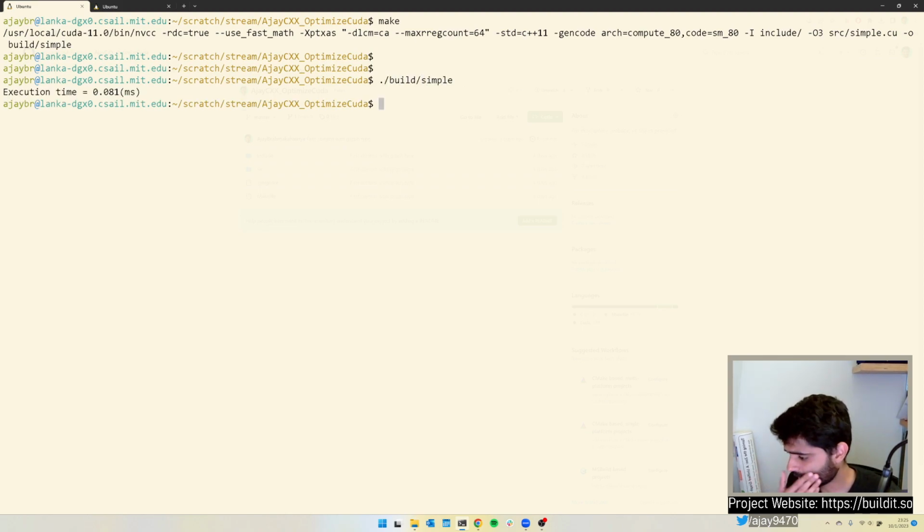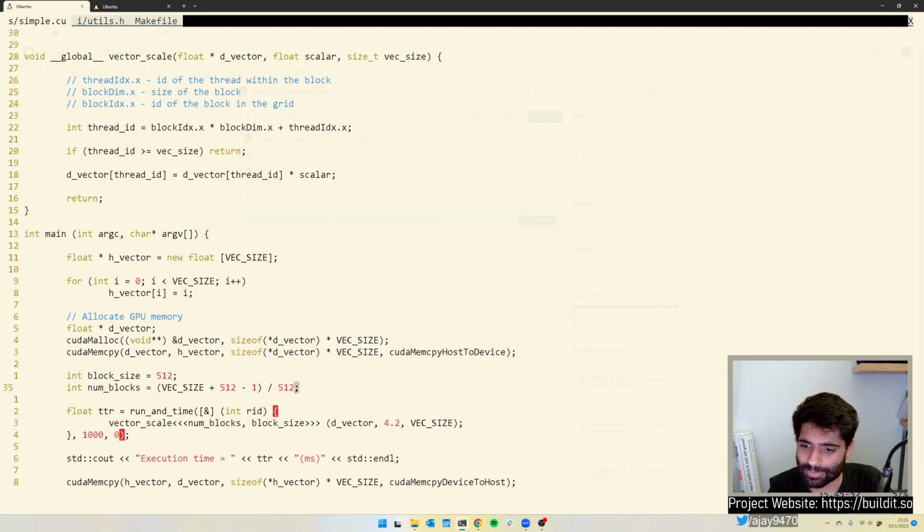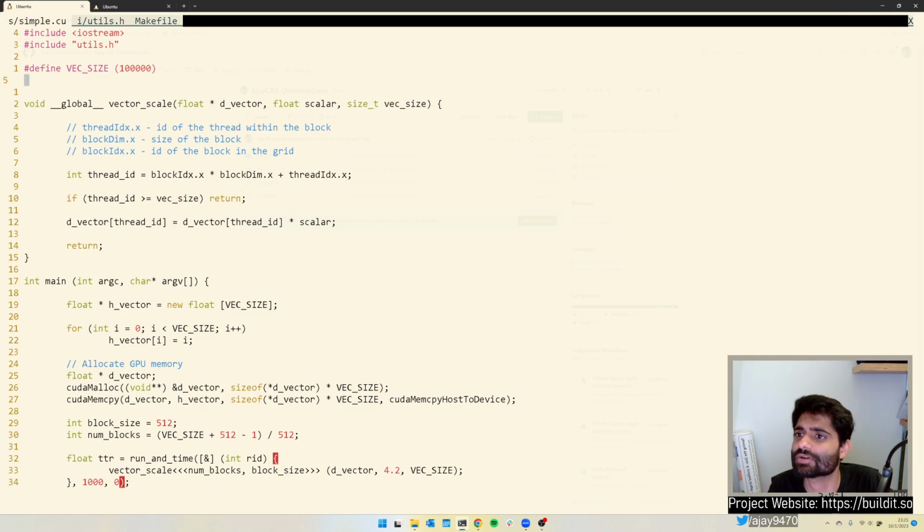Okay, so we have an execution time of 0.81 milliseconds, which is kind of a lot, but it's also for 1,000 runs. Now let's quickly scale up the vector size. Instead of running it for 100,000, I'm going to run it for, say, 10 million.